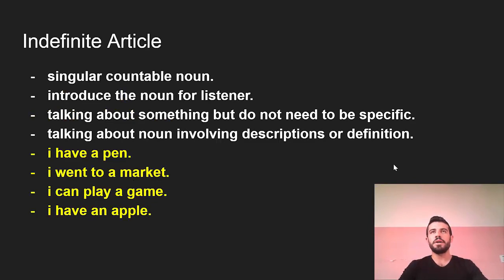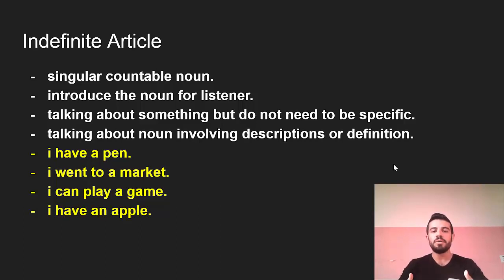Now the indefinite article, which is a or an. The first thing: it comes with a singular countable noun. Just a singular countable noun. The noun should be singular, not plural. It is very important here, and it should be countable. Also, when I introduce the noun for the listener, the listener doesn't know anything about the noun, and I just want to introduce the subject, so I use indefinite, a or an.